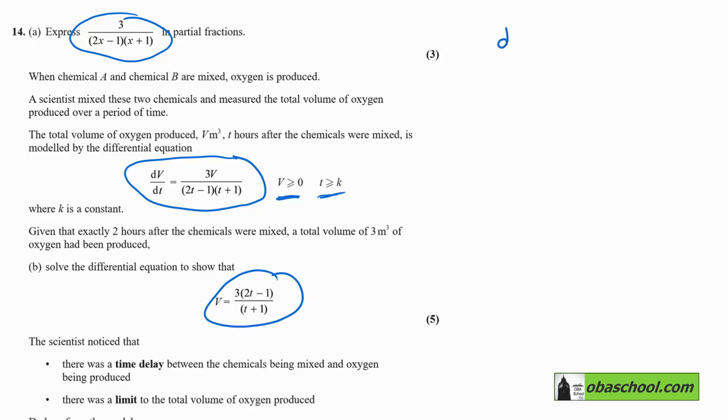So, well, let's have a look at the equation. So we've got 3V over (2t take away 1)(t plus 1). Let's separate.